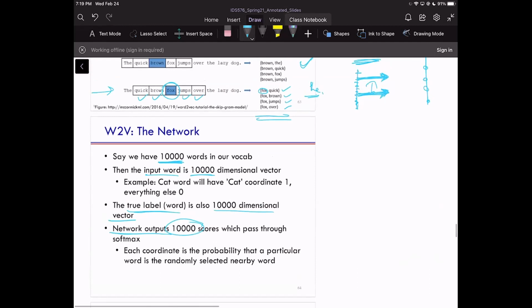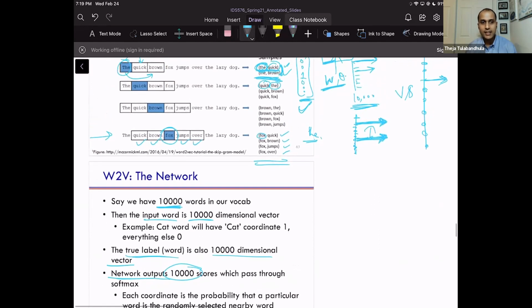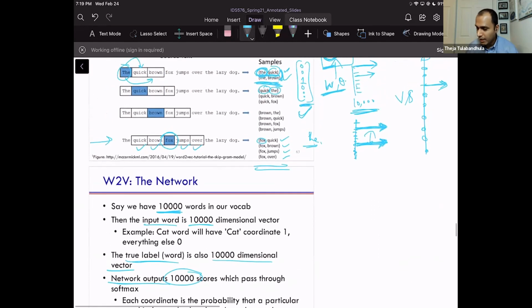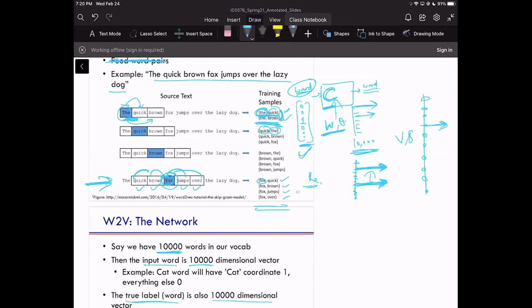Yeah, exactly. We want words which are near the input word to have higher probabilities, and that's why we are creating training data like that. For example, in this last one, Fox's nearby words are these 4 words. We just want those 4 word scores to be highest whenever I give Fox as an input. Okay, thank you.